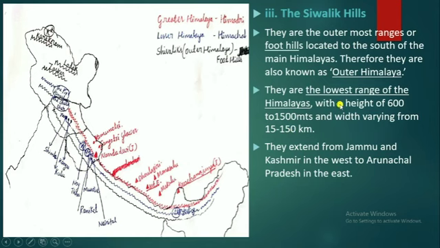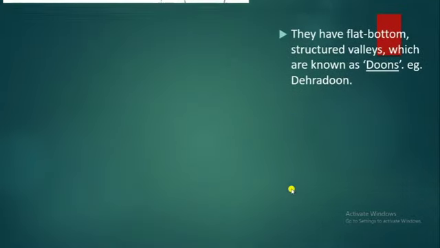Just remember these points. Next, they extend from Jammu and Kashmir in the west to Arunachal Pradesh in the east. These are the 3 points. Let's move on to the last point in the Shivaliks.